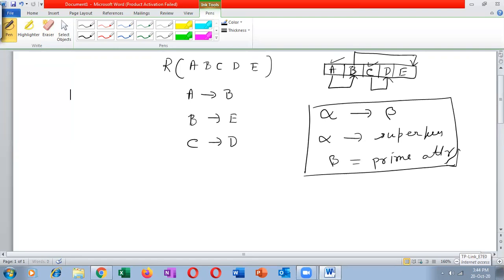All other attributes have some incoming edge, because B has this incoming edge, D has this incoming edge, E has this incoming edge. That means no other attributes are identifying A and C. So A and C are the only identifying attributes, and AC should be a part of the candidate key.